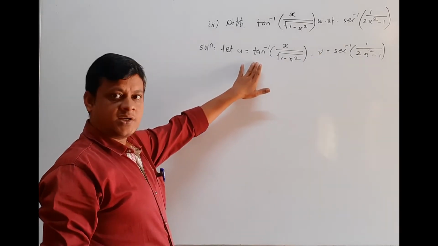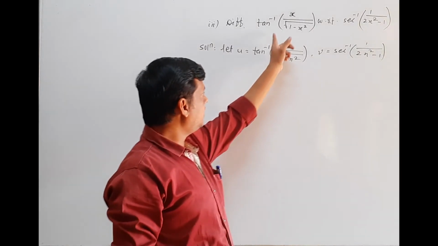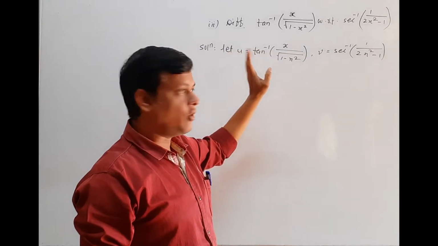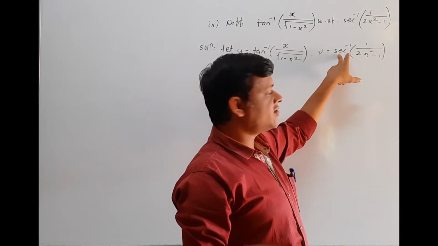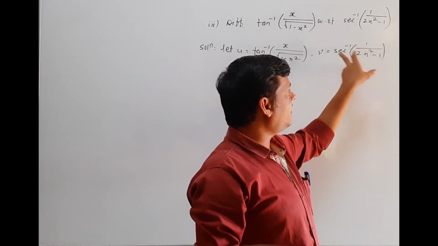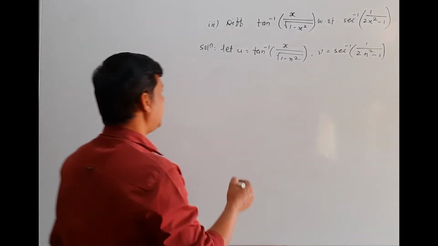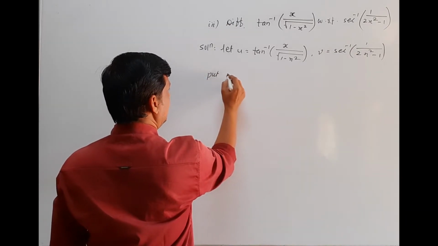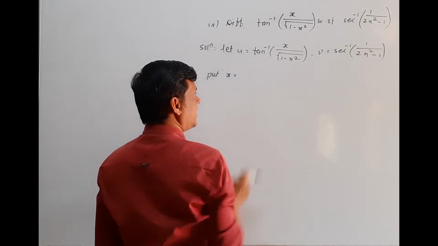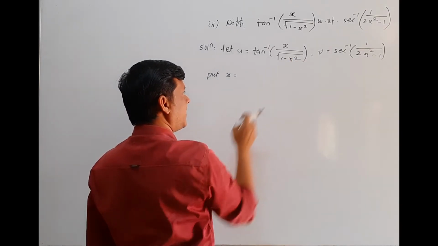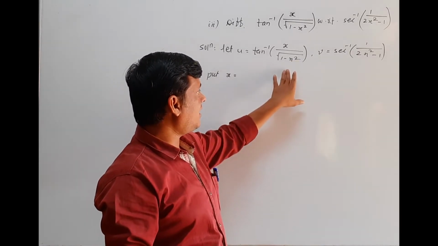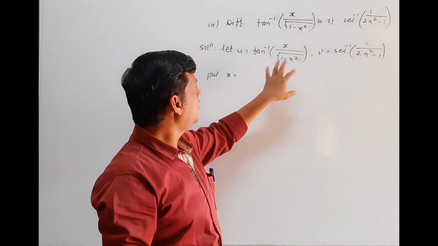The outer function is tan inverse. With the help of substitution, we convert this bracket in terms of tan or in terms of cot. Here the outer function is sec inverse. With the help of substitution, we convert this bracket in terms of sec. If we replace x by tan theta, we get 1 minus tan square theta, but we don't have a formula for that.